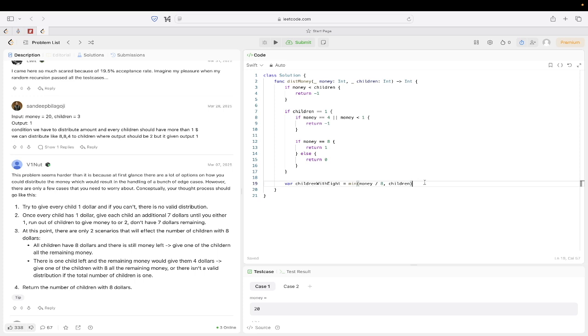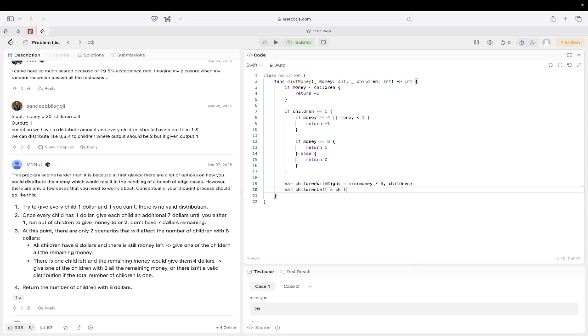So we have this. We need to keep track of how much money we have left and how many children we have left. Children left. Okay, so we can do var children left.